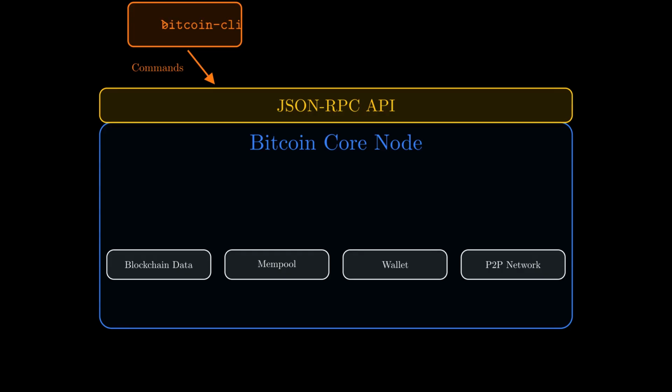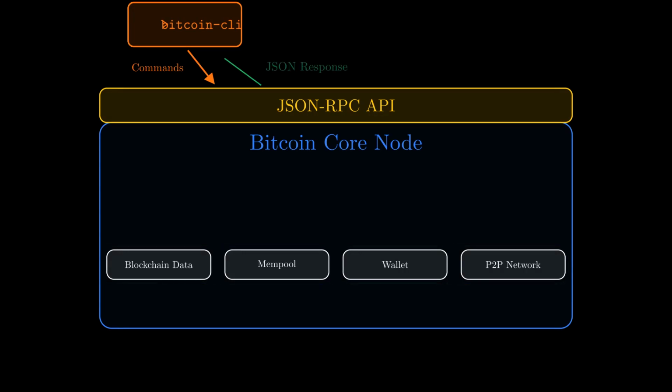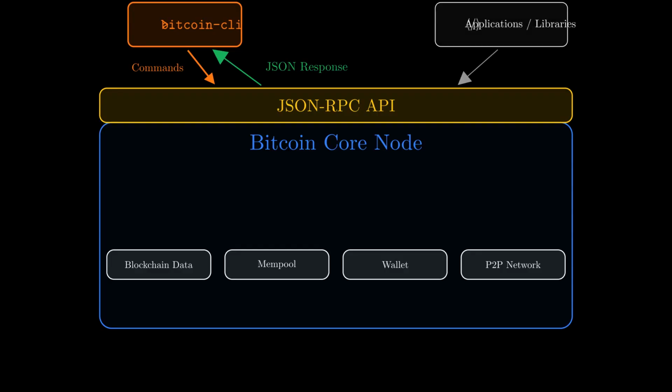Type bitcoin-cli help and you see dozens of commands organized into categories: blockchain queries, wallet operations, network information, mining, and more. Every response comes back formatted as JSON, human readable and machine parsable. This means the same interface that powers wallets, block explorers, and applications is available to you directly in a terminal.